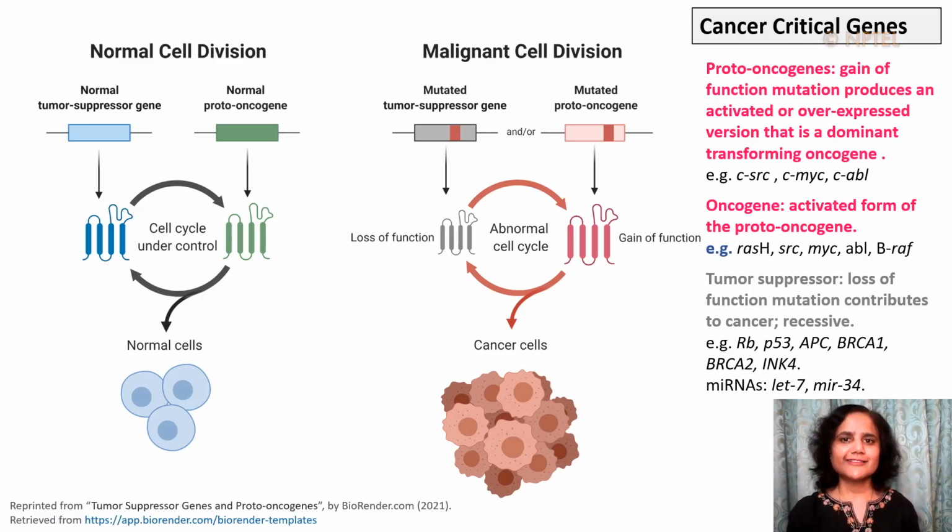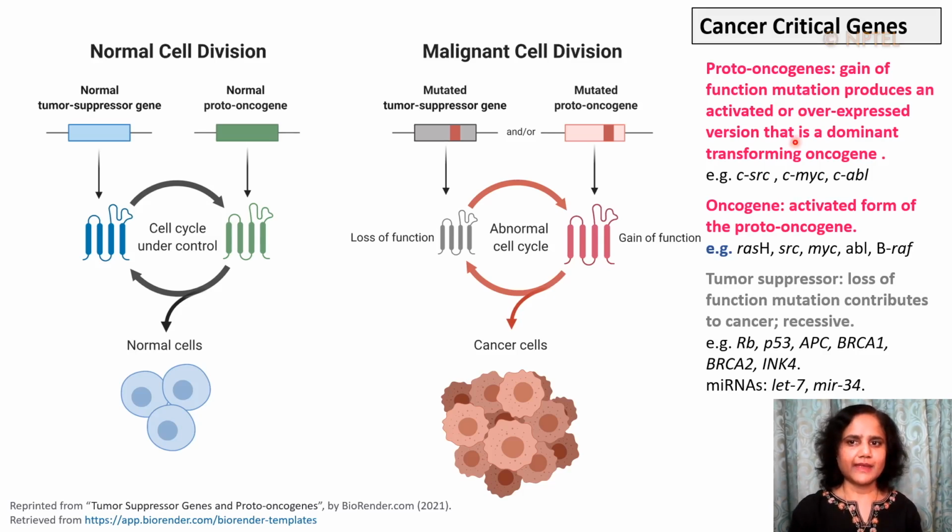Now, mutations in certain genes, which have recently been termed cancer critical genes, contribute to cancer development. Examples of these genes are proto-oncogenes. These genes are normally present in cells, and a gain of function mutation in these genes can produce an activated version of the gene, and it will code for an activated protein or an overexpressed protein that then functions as a dominant transforming oncogene.